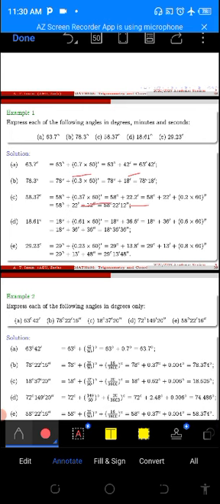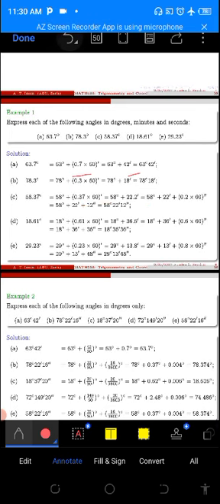So the answer is finally 58 degrees, 22 minutes, and 12 seconds. There is no decimal point in the final answer.